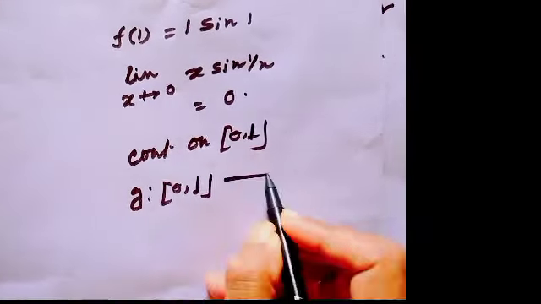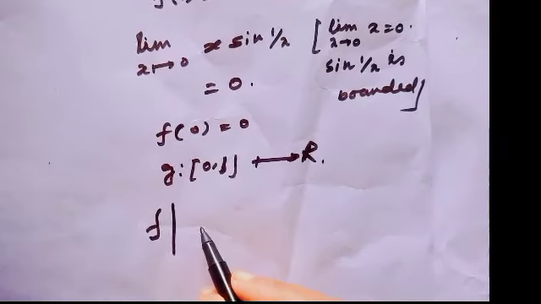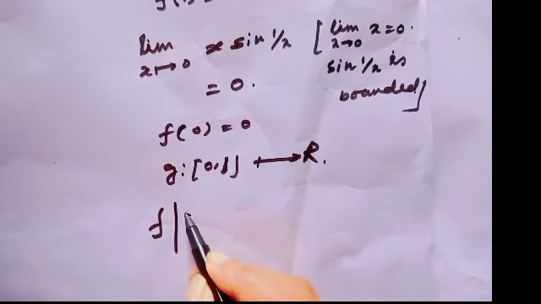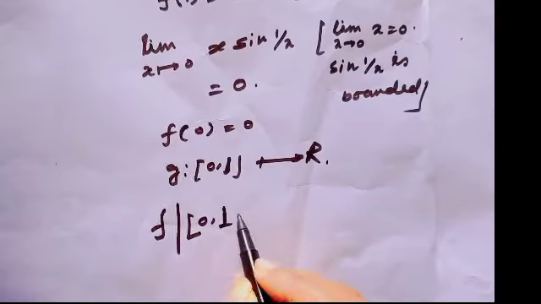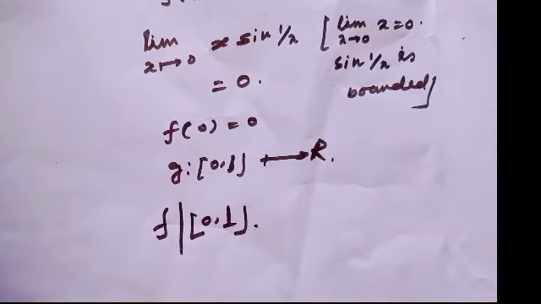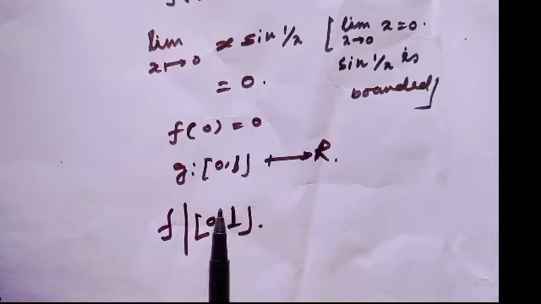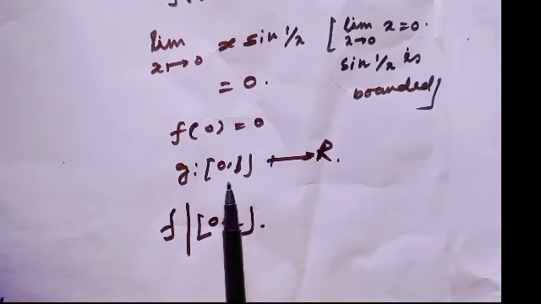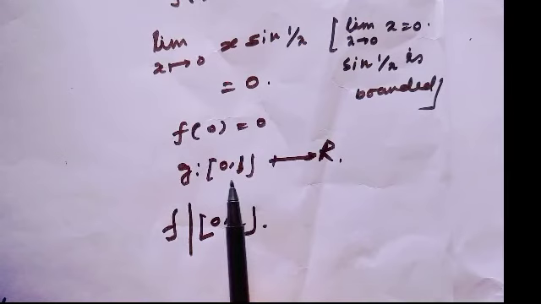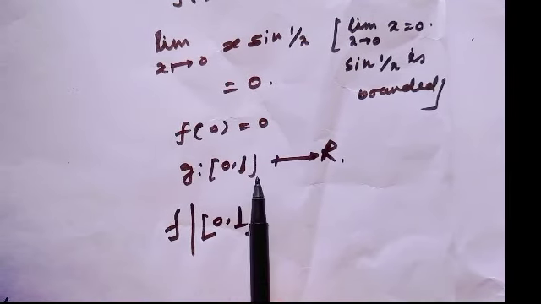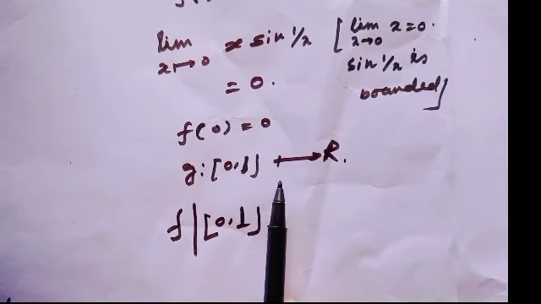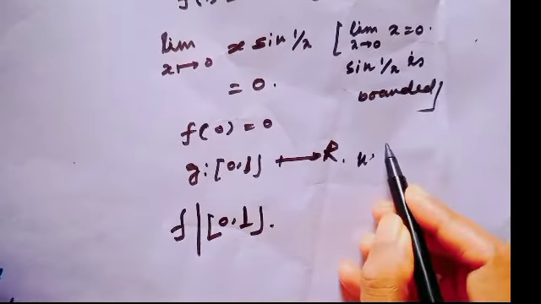I have defined a new function g from the closed interval 0, 1 to R, where f is the restriction of the function g on the open interval 0, 1. Okay. And since g is a continuous function on the closed and bounded interval 0, 1, g must be uniformly continuous.